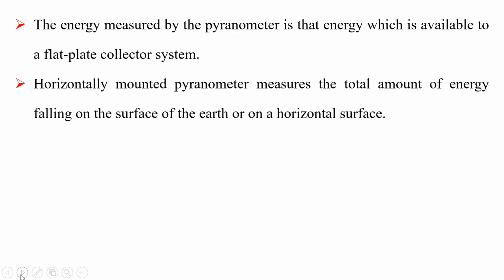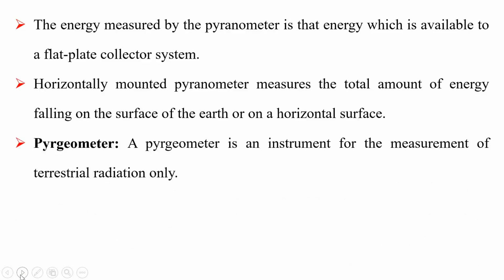The horizontally mounted pyranometer measures the total amount of energy falling on the surface of the earth or on a horizontal surface. The third type is the pyrgeometer. A pyrgeometer is an instrument for the measurement of terrestrial radiation only.